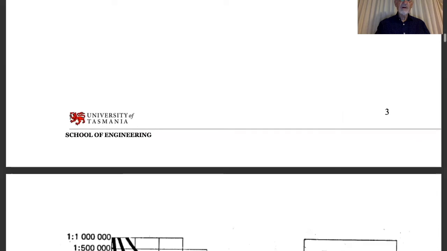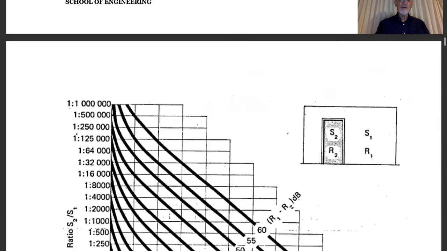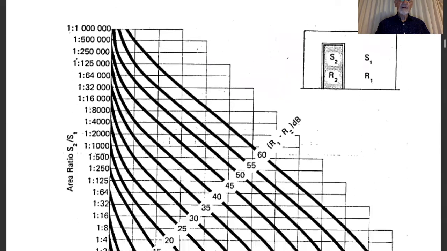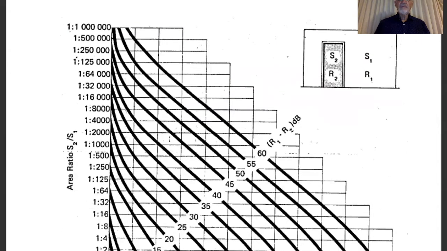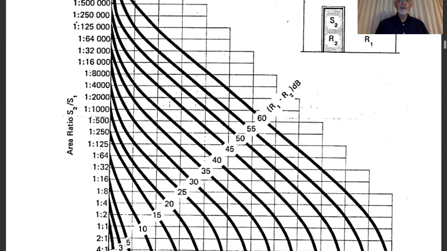I'll be talking a little bit more about this particular diagram in class, and I can relate some interesting field work that I did, and complaints about sound being transmitted from room to room. But we'll talk more about that in class.